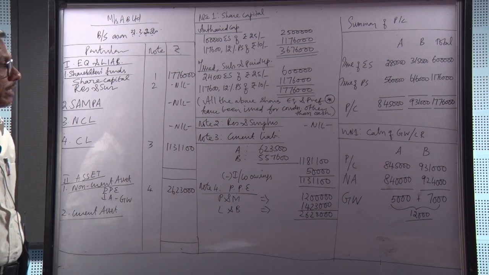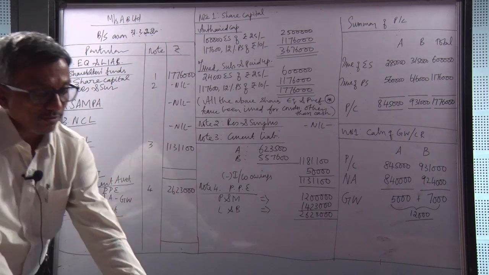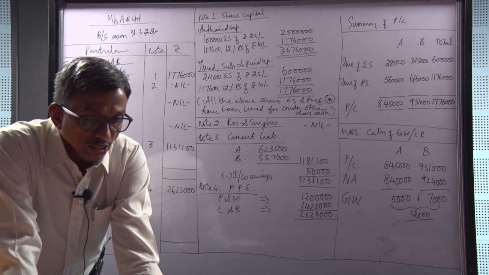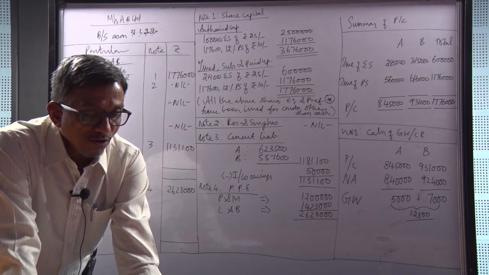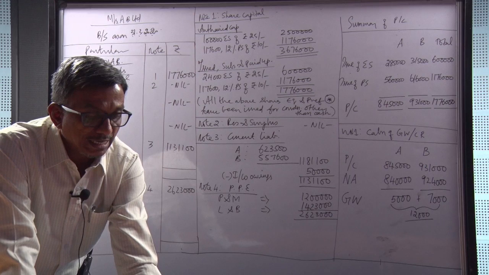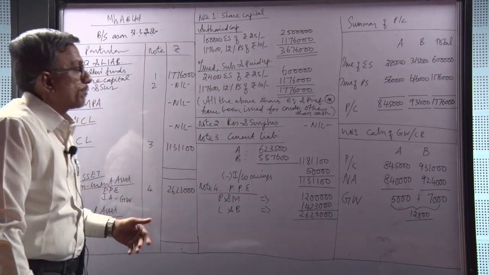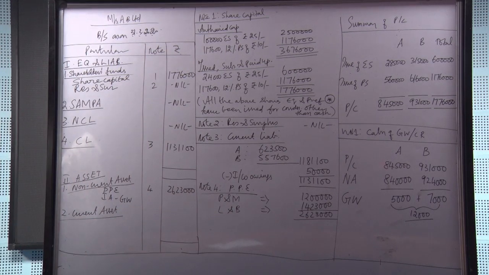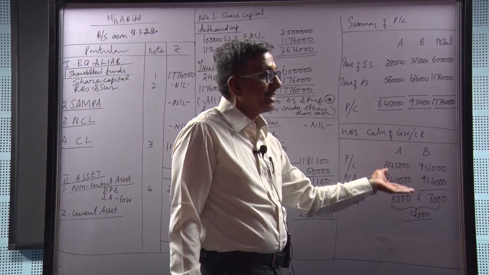So before A and B merged together, there has been a sale by B to A, which was sold at 20% profit on sale. Of those goods, 10,000 rupees are still there in the stock of A. So you have to eliminate the unrealized profit. When you eliminate that, stock account will be reduced, goodwill account will increase by 2,000.